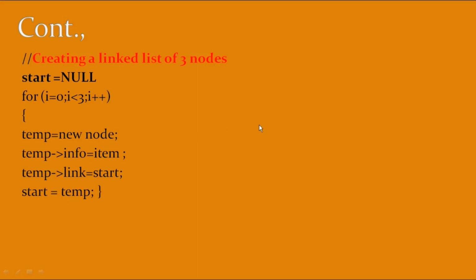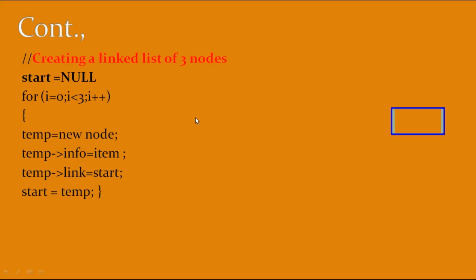This will create a new node, and then in the second step we will copy the item into the info field, and in the next step we'll assign the address stored in start into the link field of temp, and in the next step the address stored inside temp will be assigned to the start pointer. So the new node will be created at the front of the linked list.